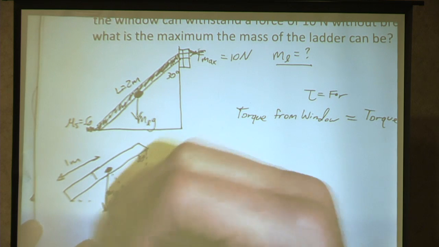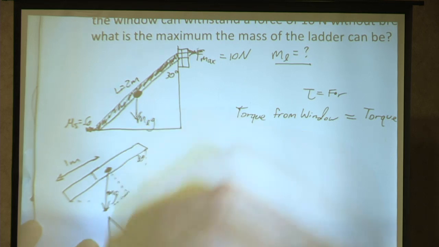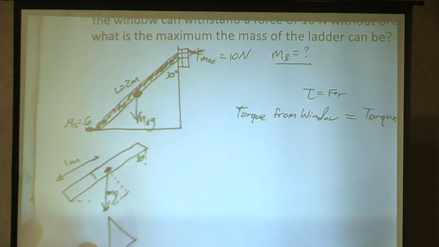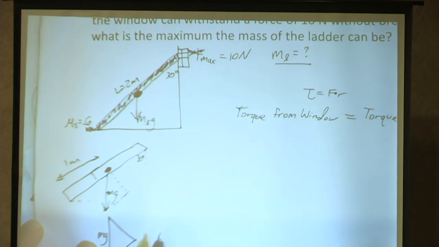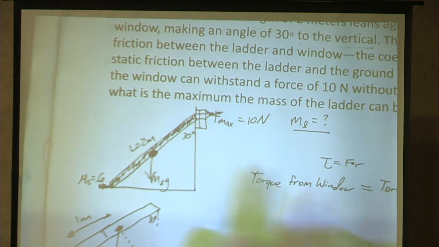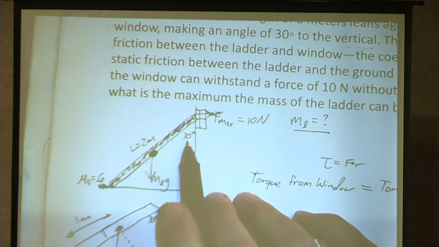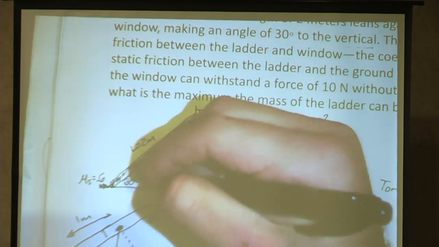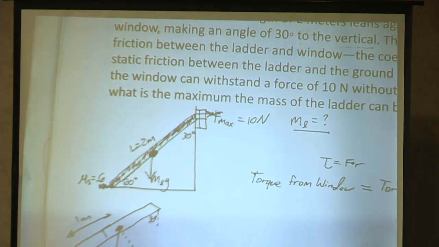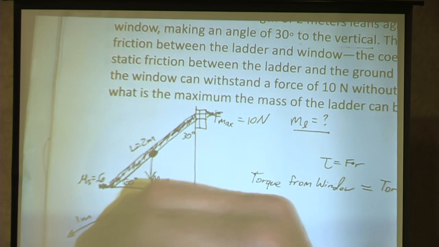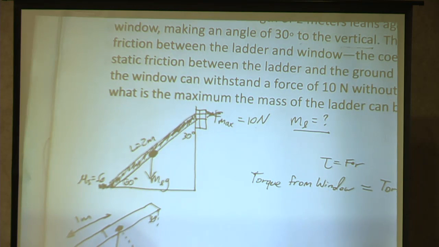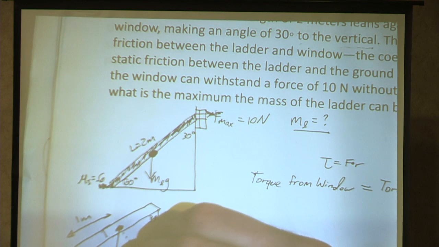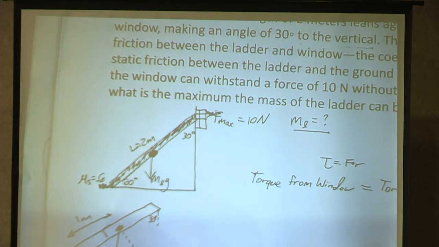So I'm just going to redraw this. Something like this, okay? And we know this is mg. Up here on this main picture, we have this is 30 degrees. We can call this 60 degrees, just based on them equaling 180. So that means down here, this angle is 60 degrees. We know this angle right here is 90 because mg is the hypotenuse. It depends how you want to do it, but I like to do it this way.